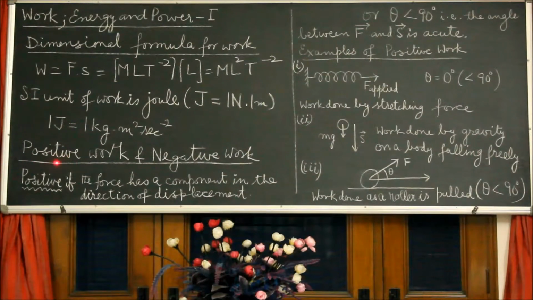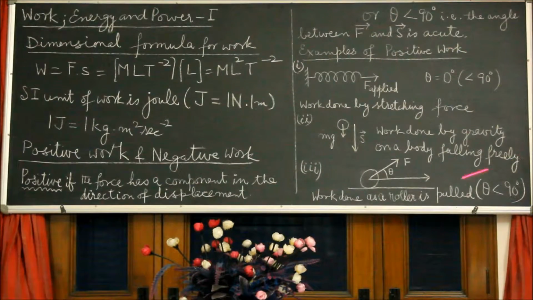Work can be positive or negative. Now let's elaborate these terms. The work is positive if the force has a component in the direction of displacement, or the work is positive when the angle between force and displacement vector is acute, that is less than 90 degrees.